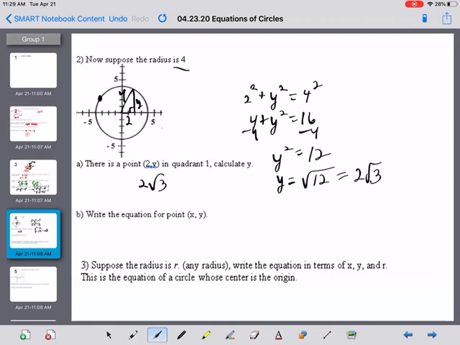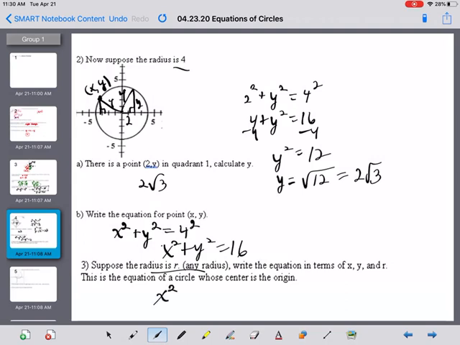And now (x, y), any point, doesn't matter what quadrant, just call it (x, y). What's the radius? 4. So it's the Pythagorean theorem: x squared plus y squared equals the radius squared, or x squared plus y squared equals 16. Now suppose the radius is r.